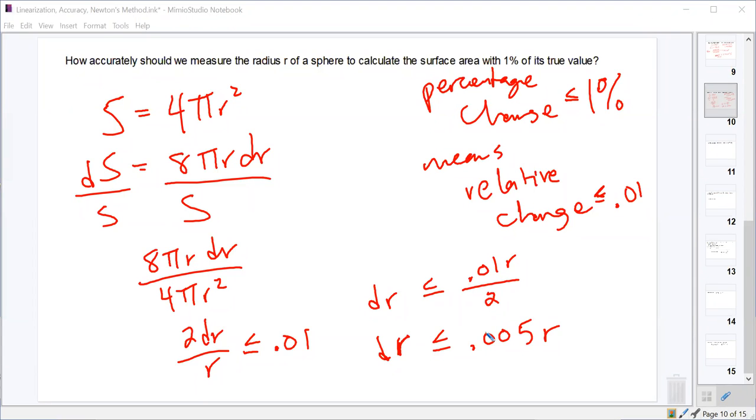Good with that? And if we wanted to talk about that in terms of a percent, we could say it's 0.5%, multiplied by 100 again, 0.5% of its true value. Good?